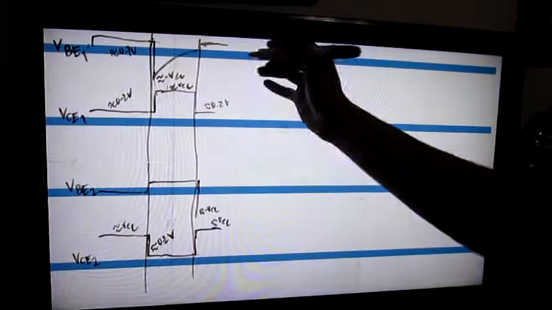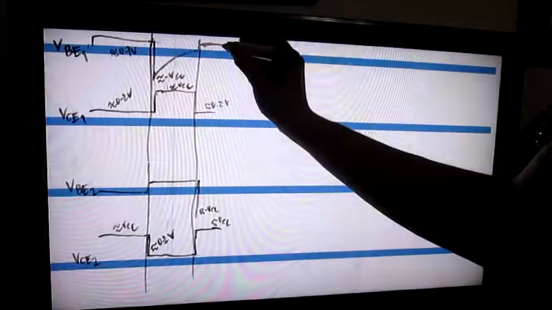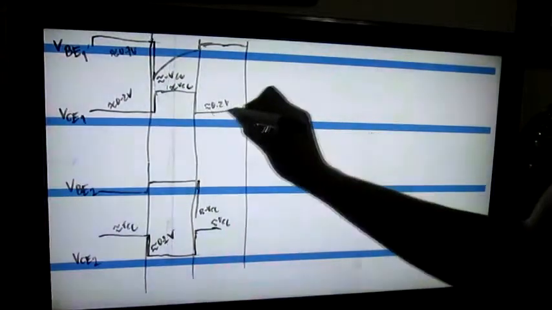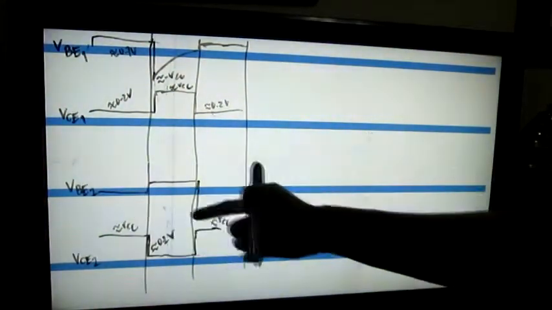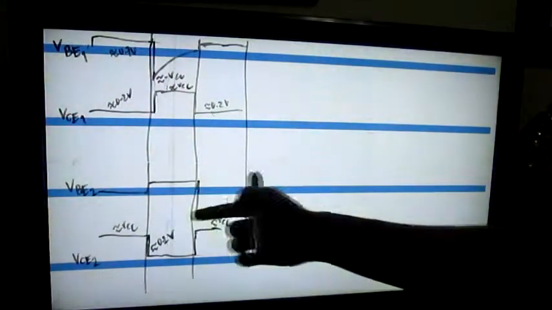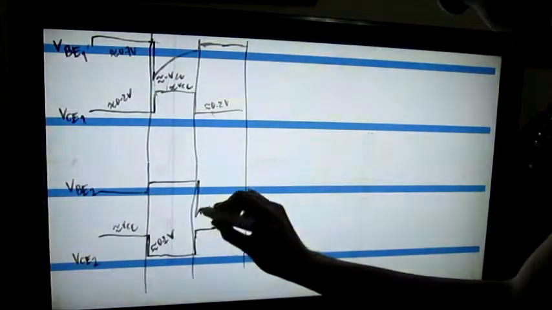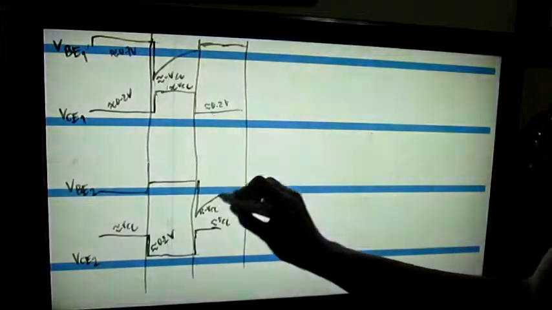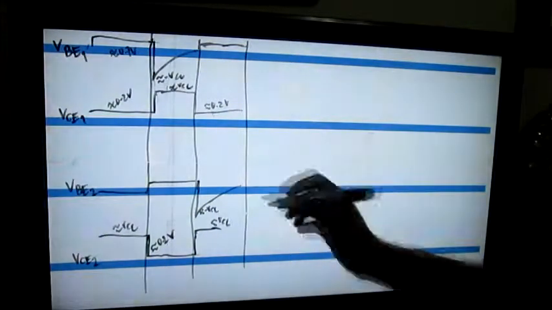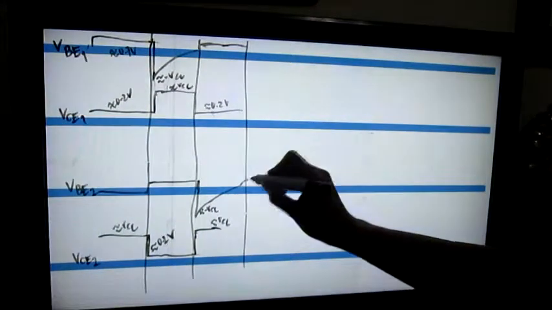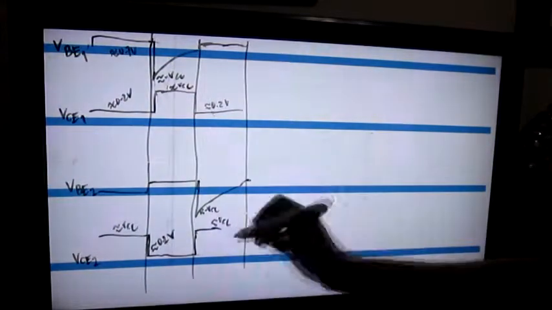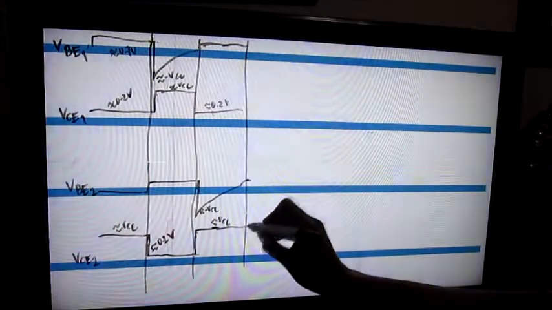At this instant, Q1 remains turned on, while the base emitter voltage of Q2, which is equal to capacitor C2 discharging, rises towards VCC but will just reach 0.7 volts, which turns Q2 on.